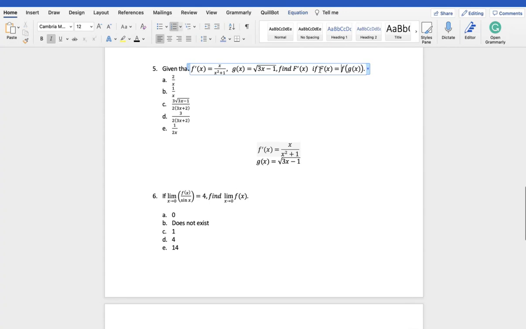If you go about it the first way, what you would do first is integrate the f prime of x here to find f of x. Because remember, if I can just write it down, this is the first way.